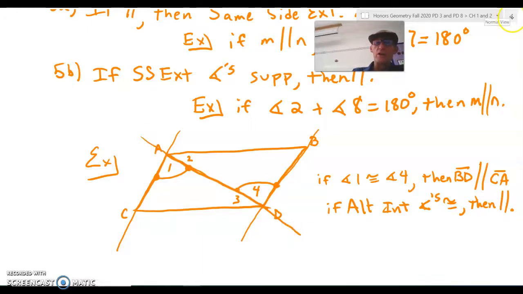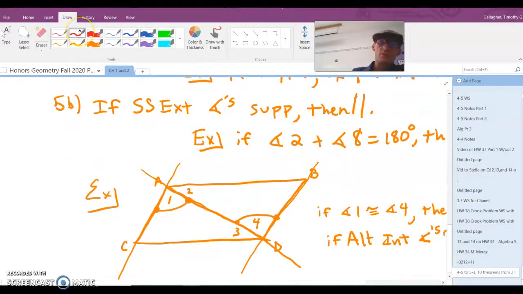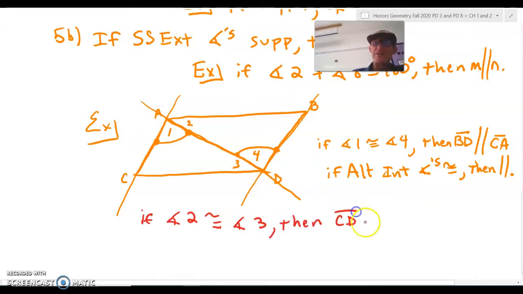Now, I'll do another color here just to show you that if angle 2 is congruent to angle 3, then CD is parallel to BA.